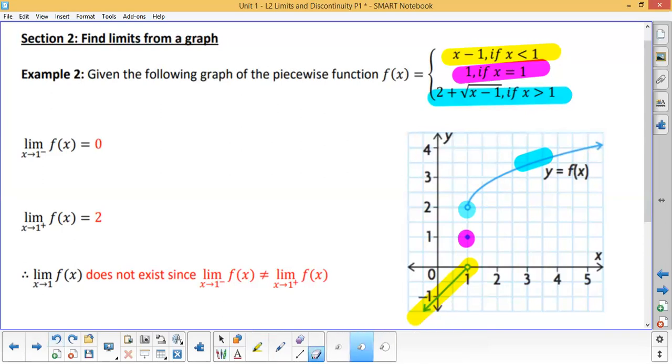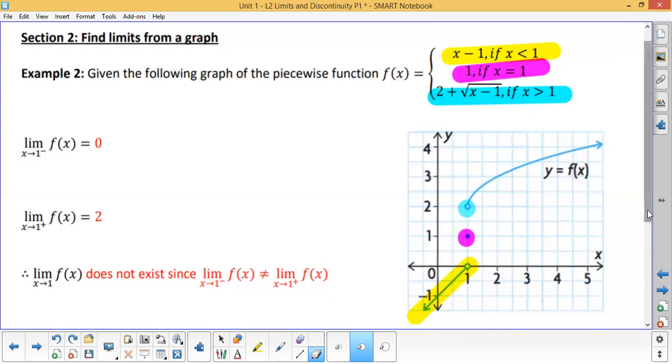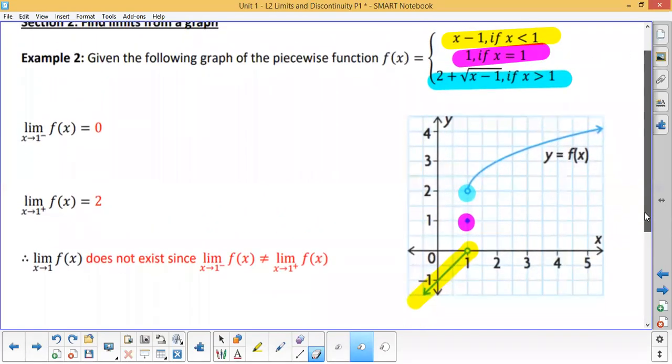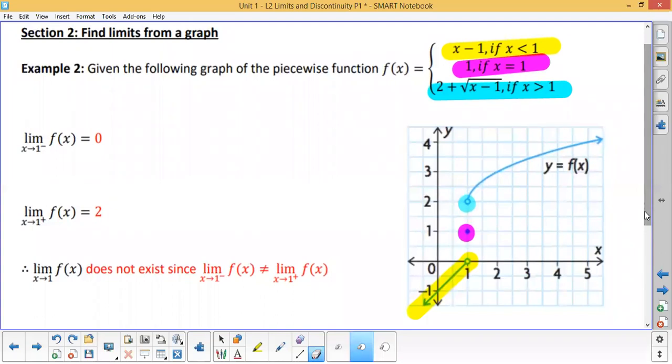And this is the beauty of piecewise functions. It allows us to compare different components of the function at the same time. So whenever you see piecewise functions, even when they're not assigned to you, please practice this because they will definitely be on the test.